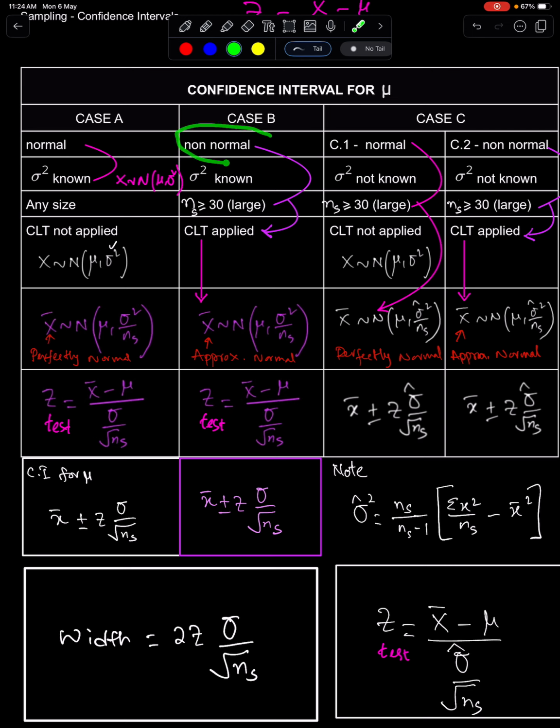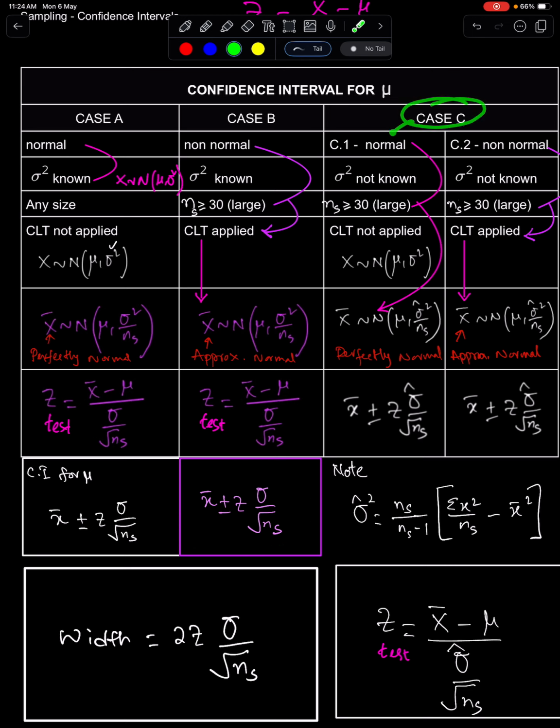If population is non-normal or unknown, sigma square is known and n is large, then always apply CLT. According to CLT, x bar is approximately normal with mean mu and variance sigma square upon n. And this is Z test: x bar minus mu over the square root of this quantity. And this is the confidence interval for mu for this case.